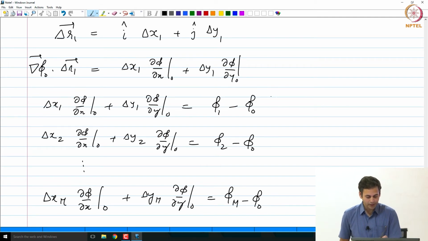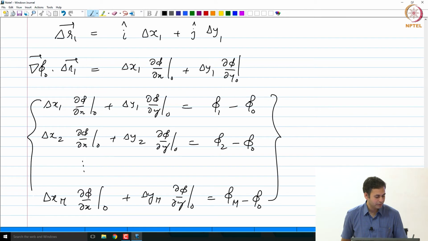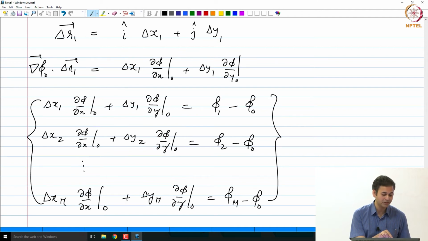Now we have as many equations as we have number of face neighbors, but what is the unknown in this? Is phi the unknown? Gradient of phi is the unknown, partial phi partial x and partial phi partial y at cell 0. Phi 1, phi 0 are known from the current iteration values and deltas are known from the mesh, okay. So, these are all known.